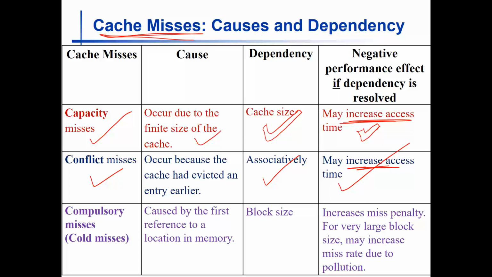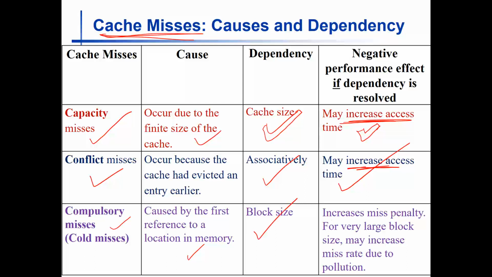Okay, compulsory misses is the last category of the misses that we see. It is caused by the first reference to a location in memory. This comes when the cache comes from reset, or the hardware comes from reset. So we are missing because the data is not there yet. What we need is to increase the block size.